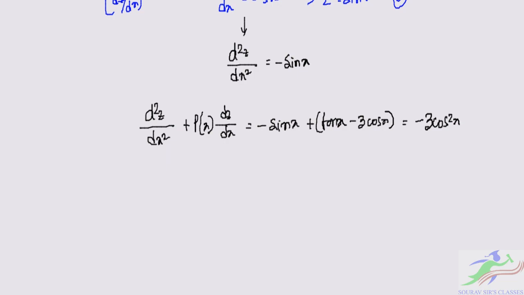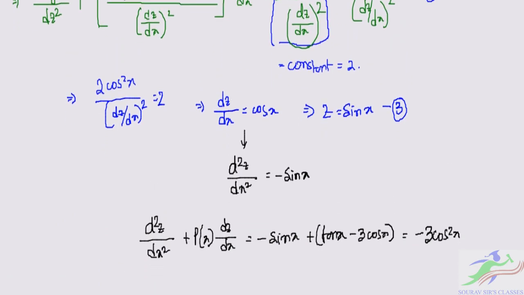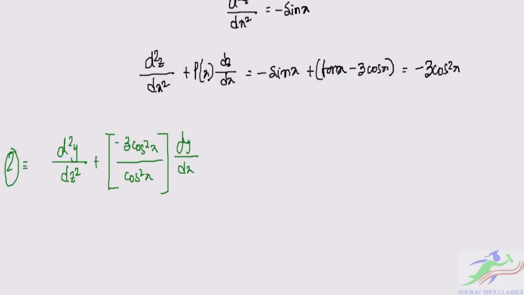Now equation 2 is equivalent to: d2y/dz2 plus (minus 3 cos square x by cos square x) dy/dz, that is in place of p, and plus (2 cos square x by cos square x) y, equal to cos to the power 4x by cos square x.